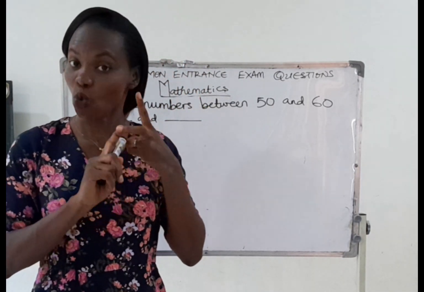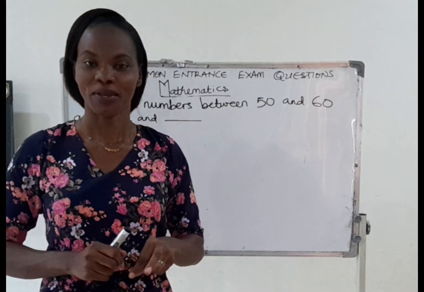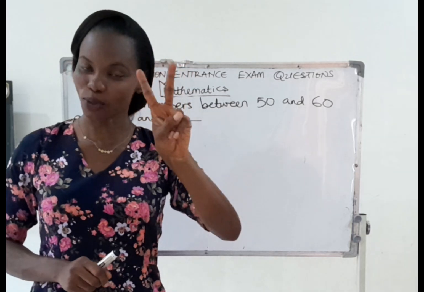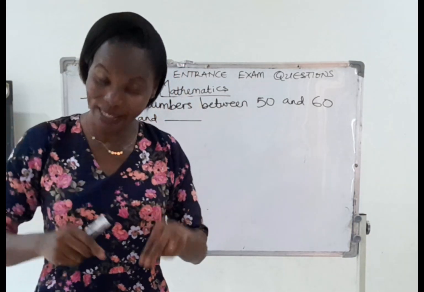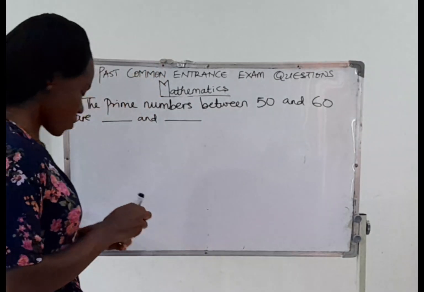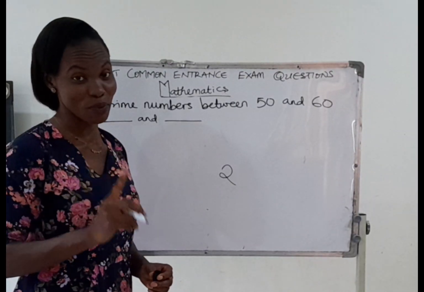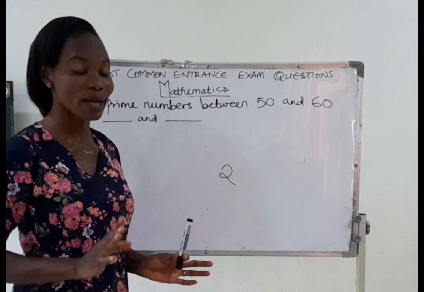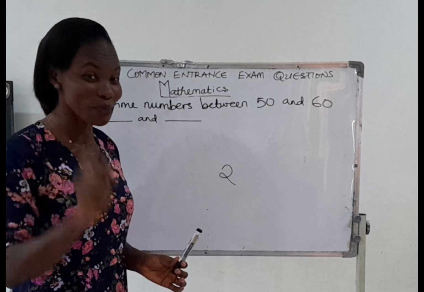The first is 1, the second is the number itself. Such a number is called a prime number. Meanwhile, 1 is not a prime number because 1 has only one factor, which is 1. Itself is still 1, so it is not qualified to be a prime number.